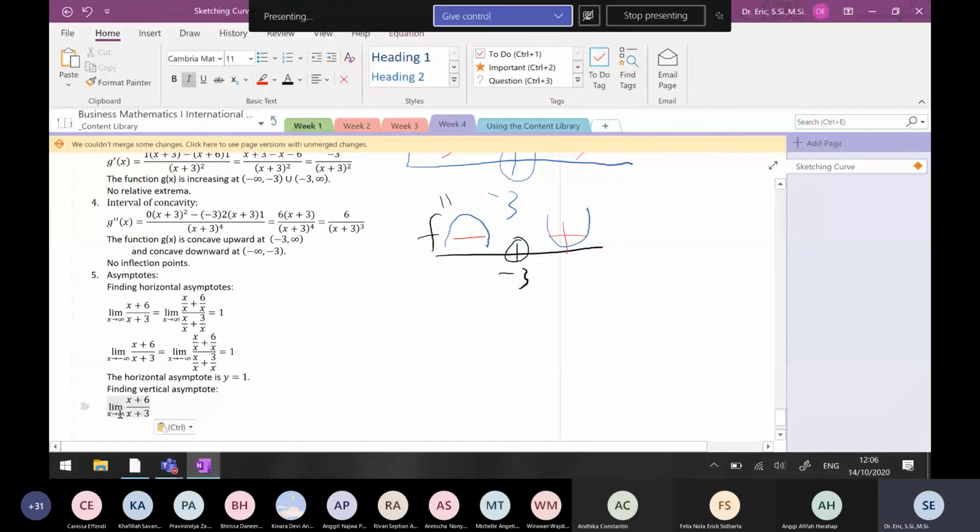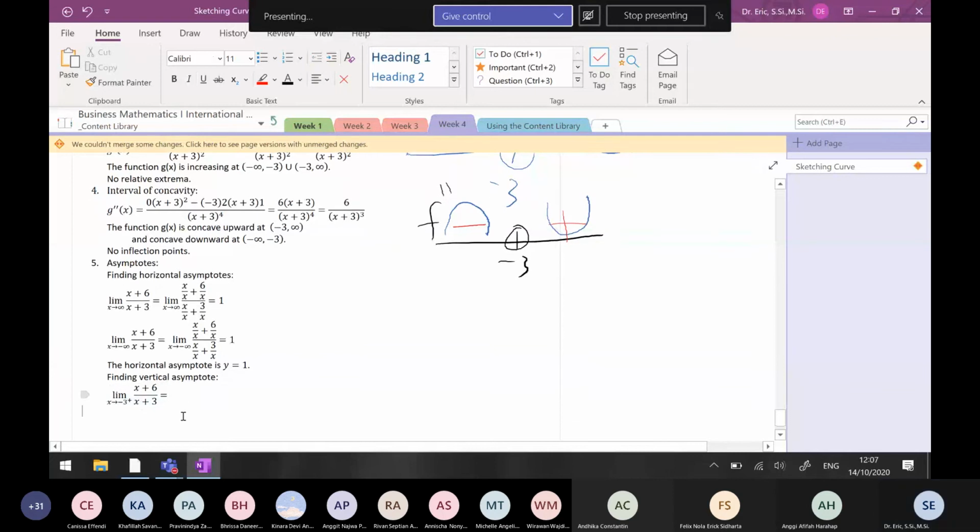So I can look at the left or the right. I want to find the right, the limit as x goes to minus 3 from the right. You assume x is on the right of -3, like -2.9.